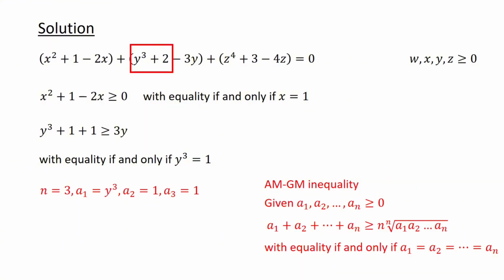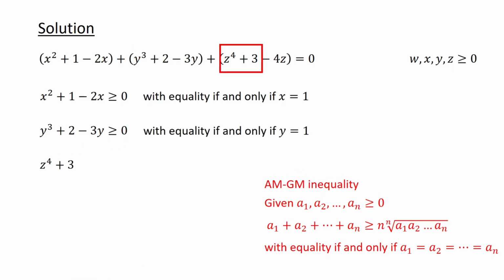The right-hand side of the inequality is 3y. Taking the cube root of y³ = 1 gives us y = 1. Moving 3y to the other side, we obtain y³ + 2 − 3y ≥ 0, with equality if and only if y = 1.